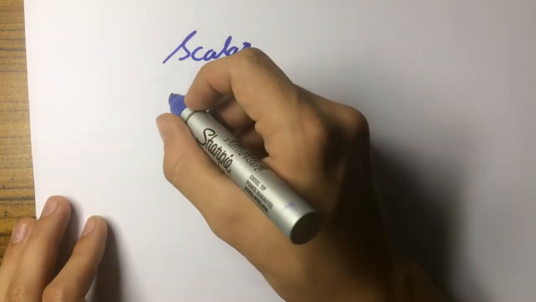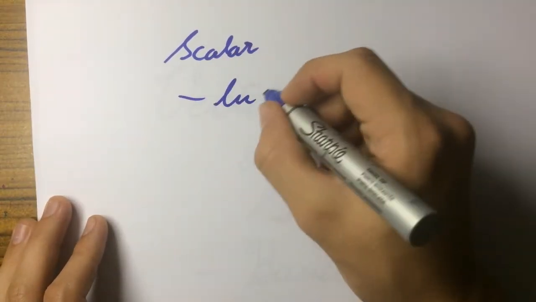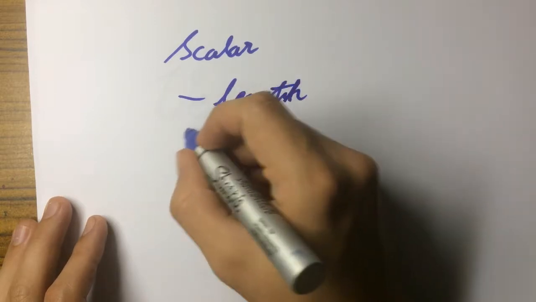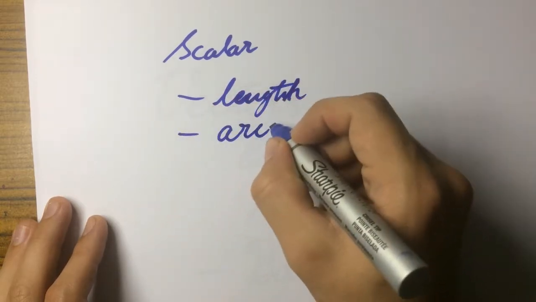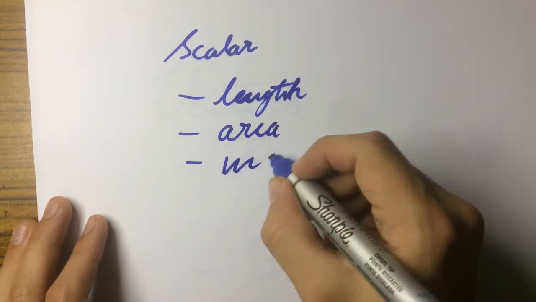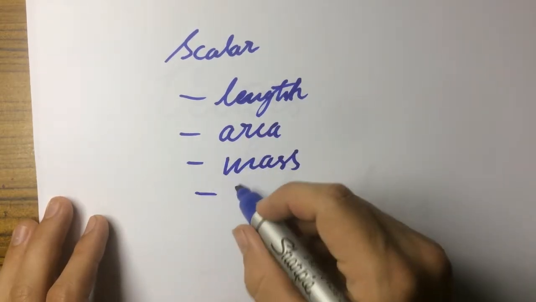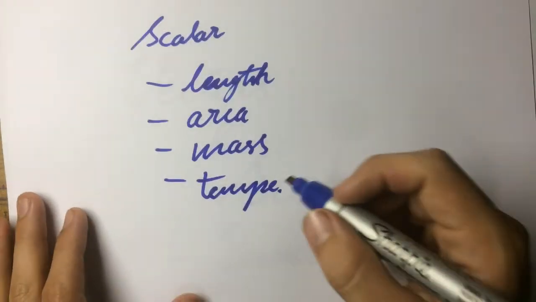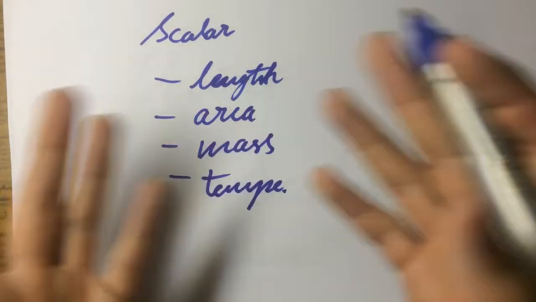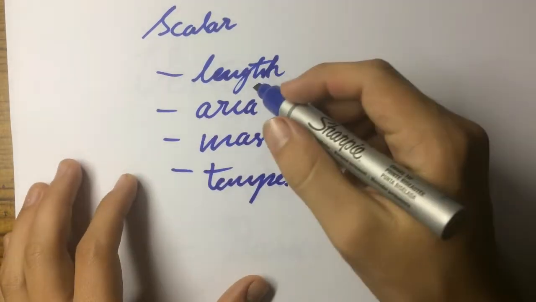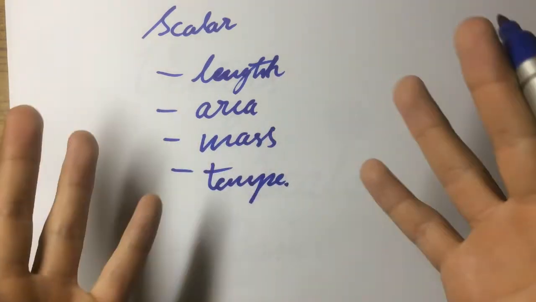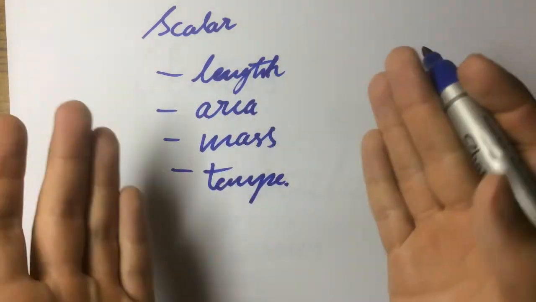That can include things like a length, area, mass, and the temperature. Let's just leave it there. It's just the size of something, how big something is, or how long something is.